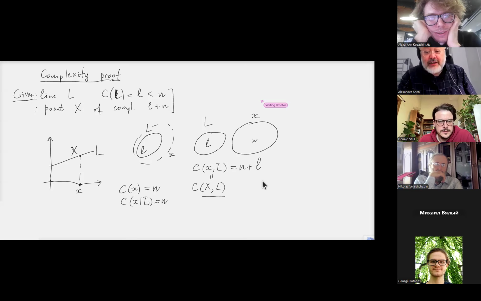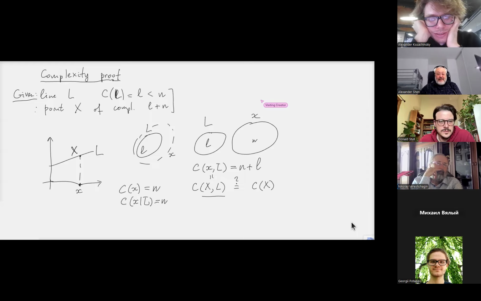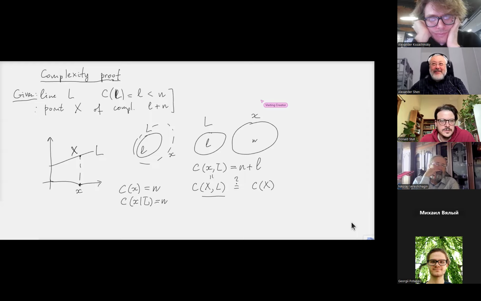But what we needed to show is that the complexity of X is n plus L. So we should prove that this is the same. So how do we prove it? Kolya, how do we prove it?